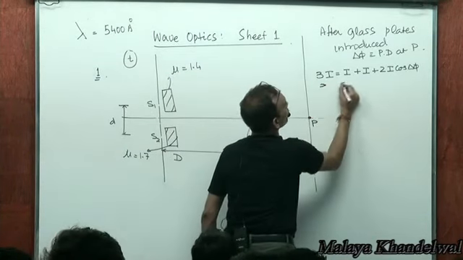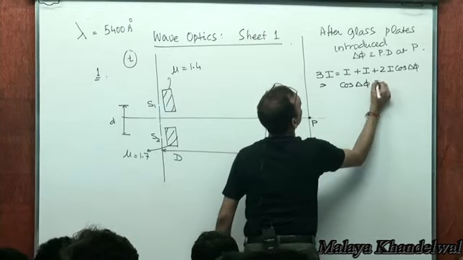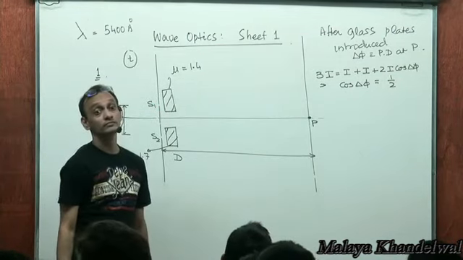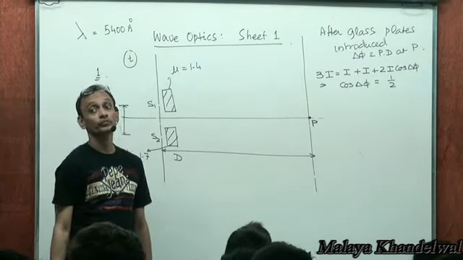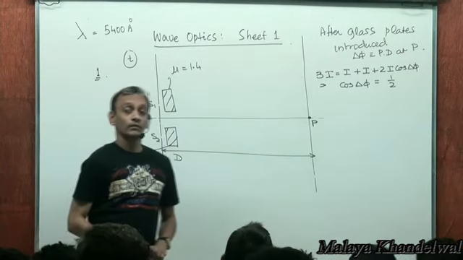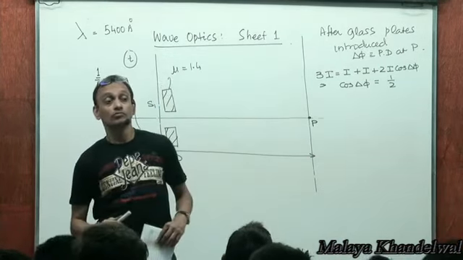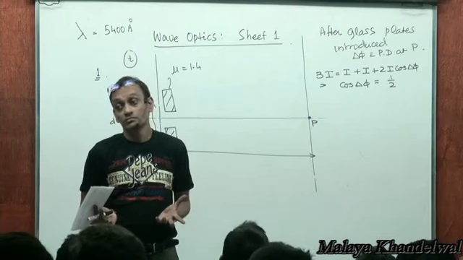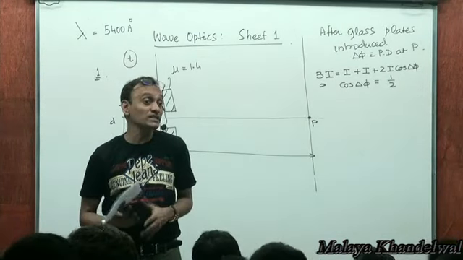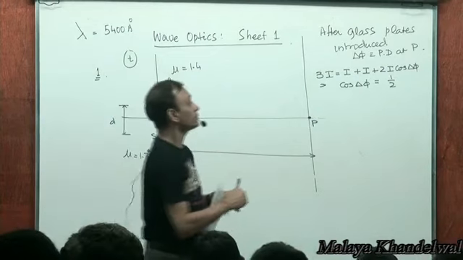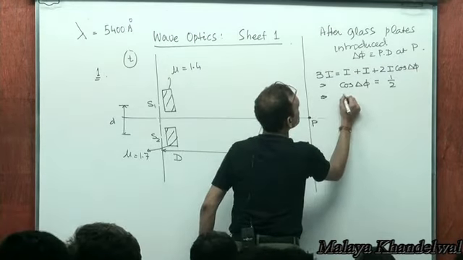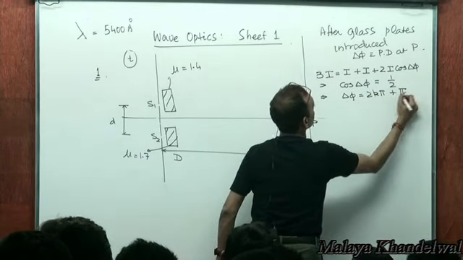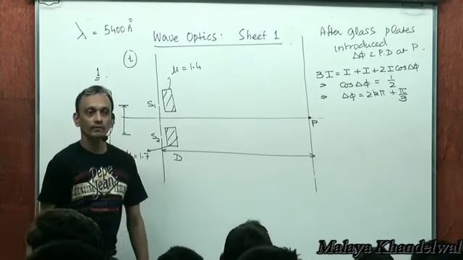So this gives us cos delta phi equal to half. Yes or no? Right? Now, which means the phase difference must have been 2k pi plus pi by 3. Delta phi must have been 2k pi plus pi by 3, right?